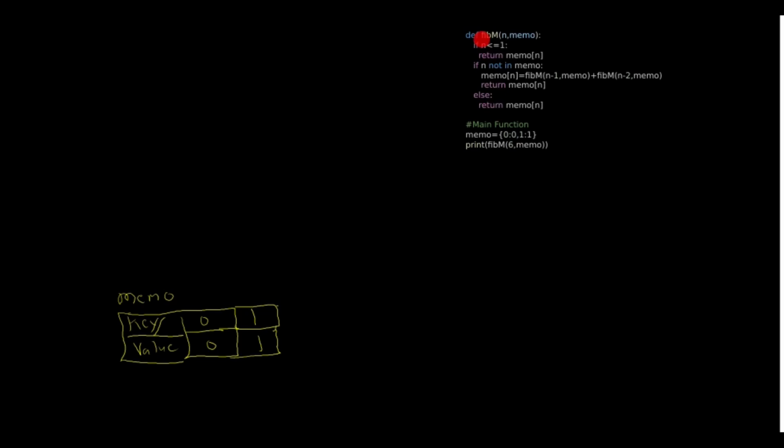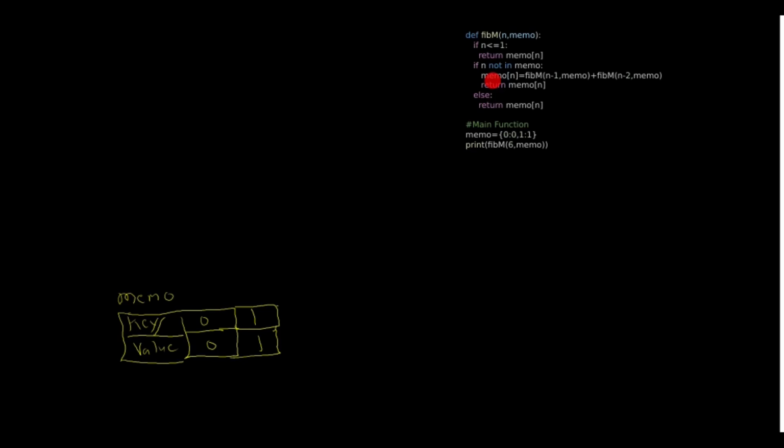All right, let's go through this Python code. We'll probably explain it better. So we have fibm and this is our base case. And you can see right here and here from the main that we have the first two numbers of the Fibonacci series.